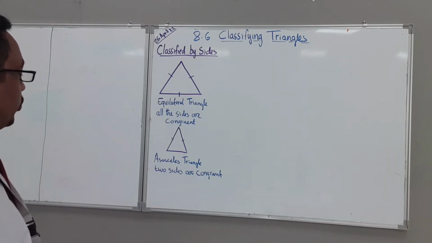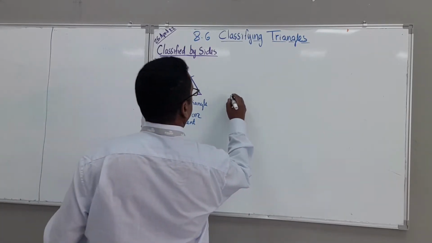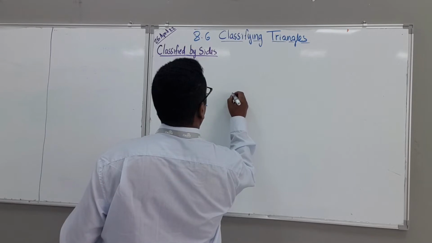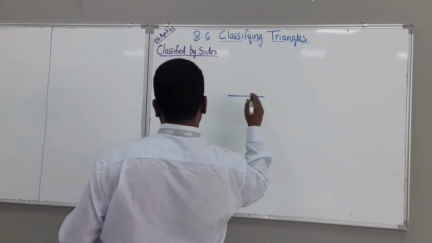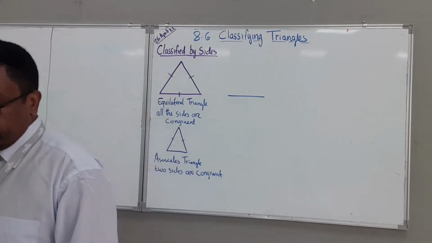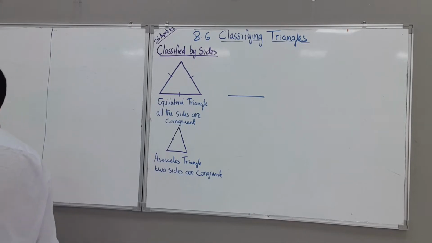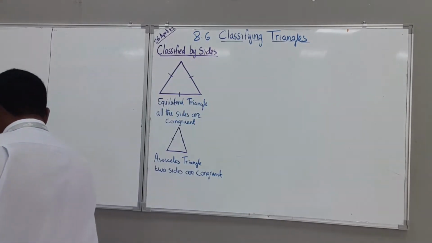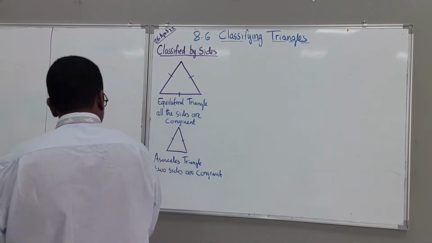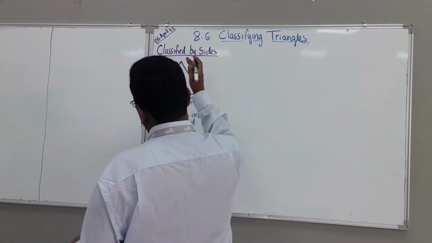Now let's go to the third one. It will look something like this. We will have a line here, a line there, and then another. Congruent means the same length, the same shape.